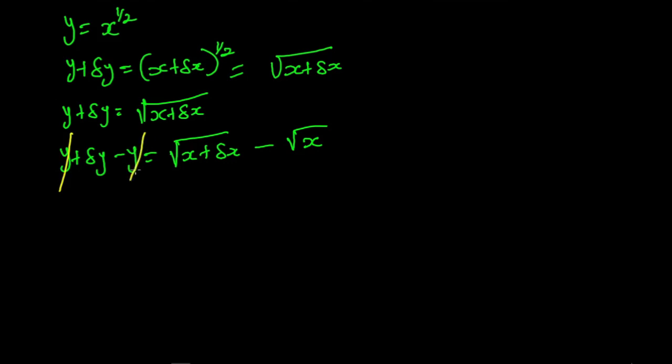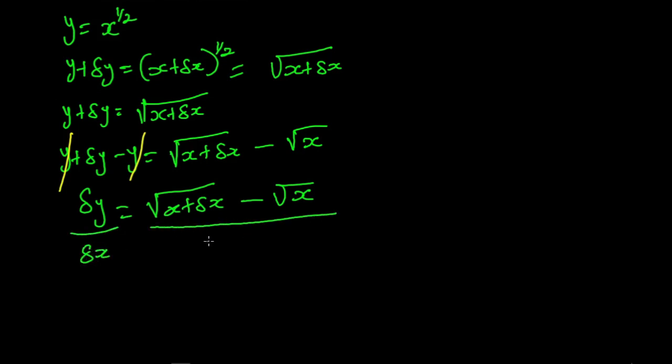This is going to cancel out this, and we'll be left with delta y equal to the square root of x plus delta x minus the square root of x. Dividing both sides by delta x, we have delta y over delta x, and we have this also divided by delta x.